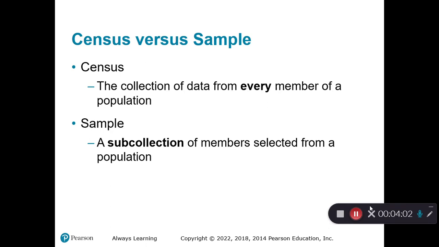If, on the other hand, the population is much, much larger and harder to gain access to, for example, the population of the United States, then we resort to what is called sampling. A sample is simply a subset of the population of interest. So it's a group within that larger group that we are trying to learn something about.